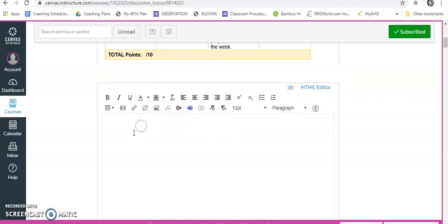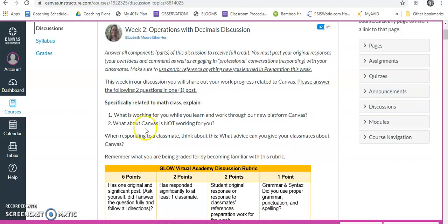I'm going to come right down here, and I'm going to restate my question in my answer because you guys are 6th graders and you can handle that.